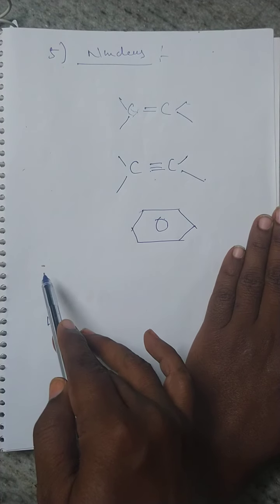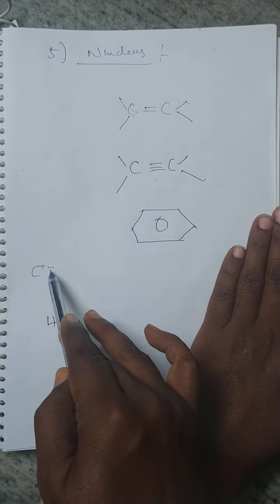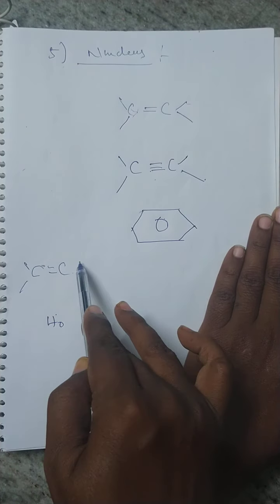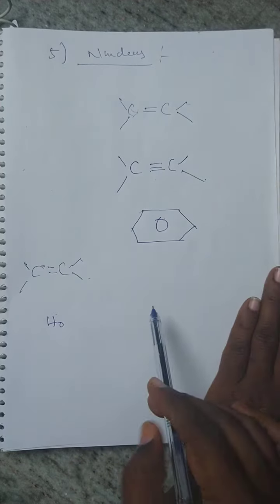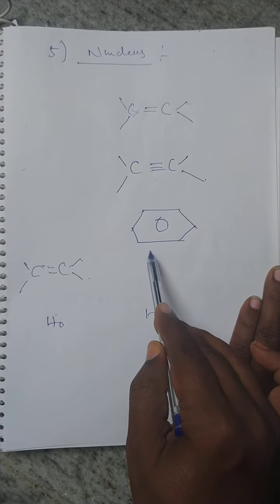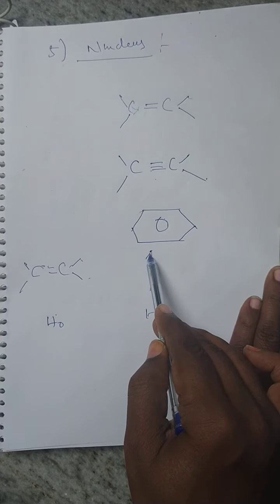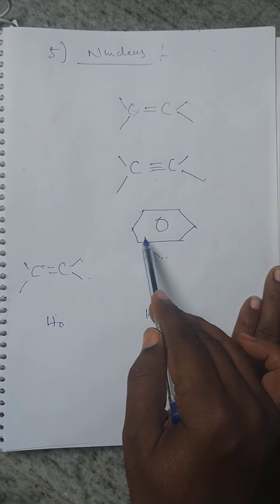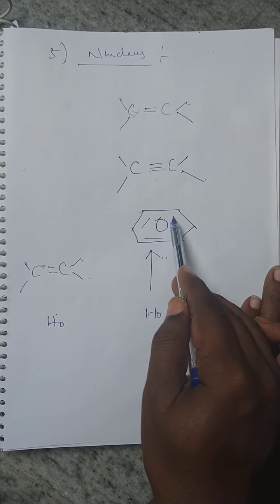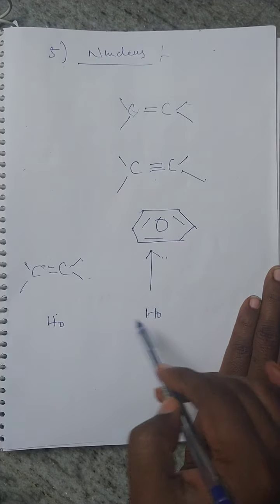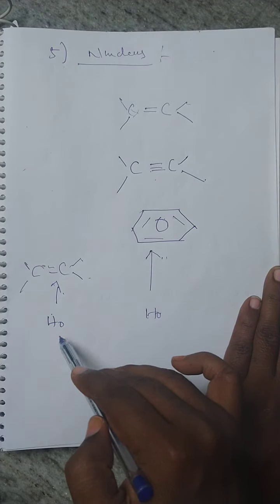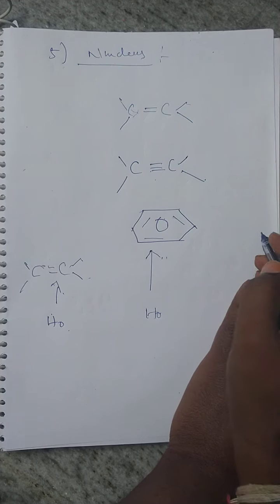So in the case of alkenes or double bonds, the magnetic field generated by the pi electron movement will align with the applied external magnetic field.